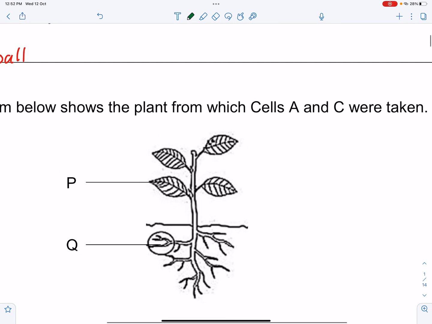Okay, so I'm going to highlight the parts for you and just be very straightforward. The parts that do not have chloroplast would include your roots, and if you happen to have flowers or fruits, these are also parts that do not have chloroplast.